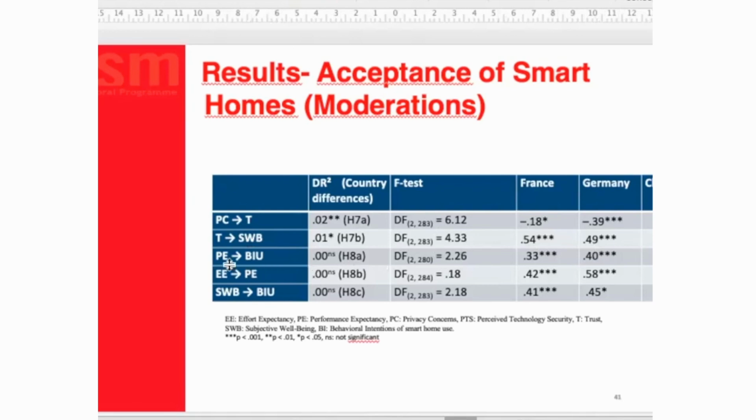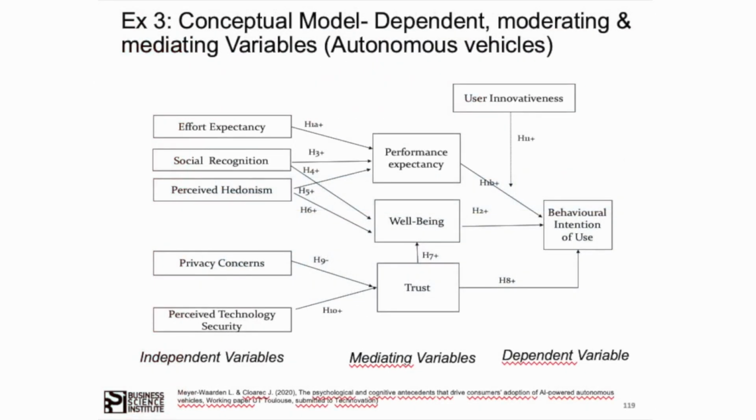And we find that performance expectancy on behavioral intention of use is only significant in France and Germany. And we can see that, as we expect, the impact of effort expectancy on performance expectancy is higher in China, in countries which are lower technology oriented than in countries which are higher technology oriented.